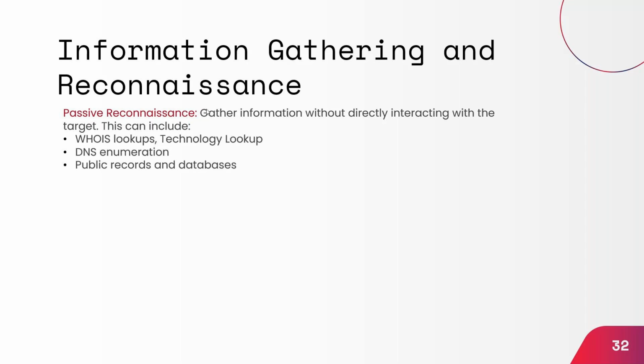You can look into the WHOIS lookup records, perform the technology lookup, DNS enumeration, look for all the public records, or use something called an OSINT technique, open source intelligence gathering technique, which is gathering all the publicly available information, available to anyone, because that information might be hosted on the internet.